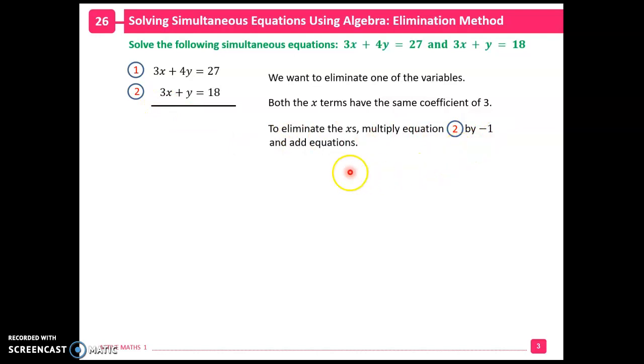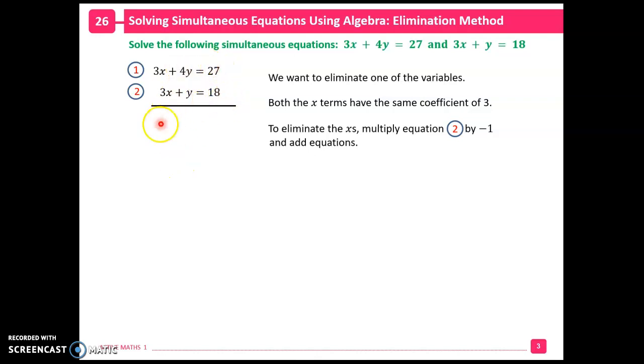We multiply everything in the equation by minus 1. So remember, whatever you do in an equation, you have to do it to everything in the equation to keep it balanced. So if we multiply 3 by minus 1, we have to multiply the plus 1 here by minus 1 and the plus 18 by minus 1 as well. Everything has to be treated the same in an equation.